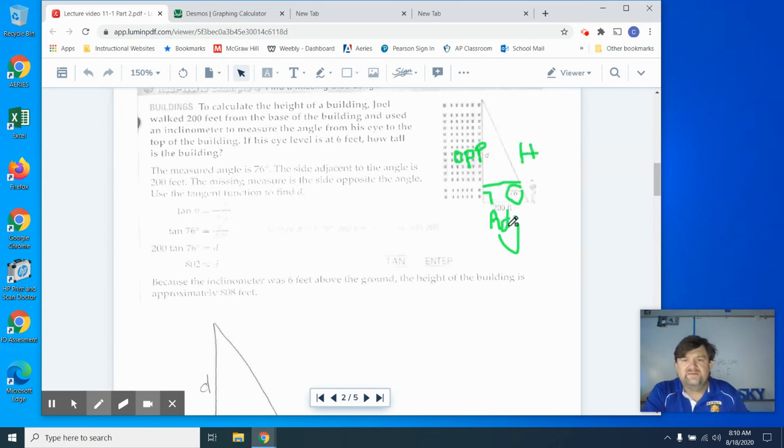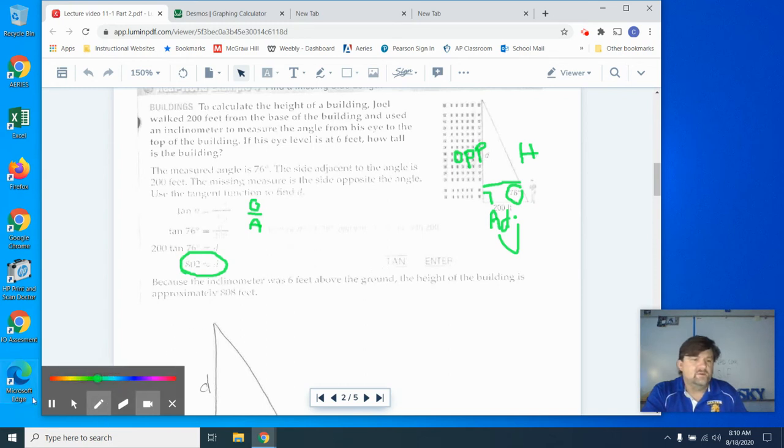So what do they give us? They give us opposite and adjacent. Well, opposite over adjacent is tangent. So then they just set the ratio up, work through the math, and they get approximately 802 feet for the distance.